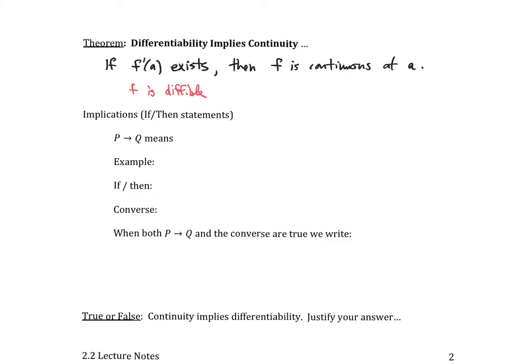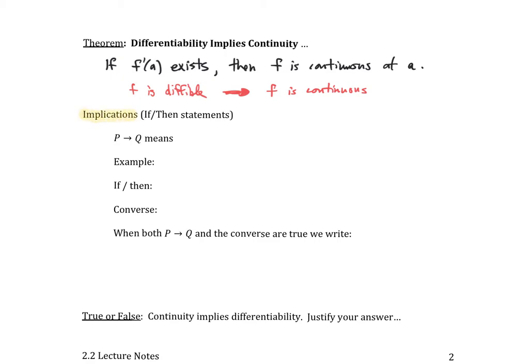Okay? And a lot of times when we have an if-then statement, we'll use an arrow to indicate something we call an implication. So f is differentiable implies f is continuous. Okay, so this is a logical statement, and this logical statement is called an implication.